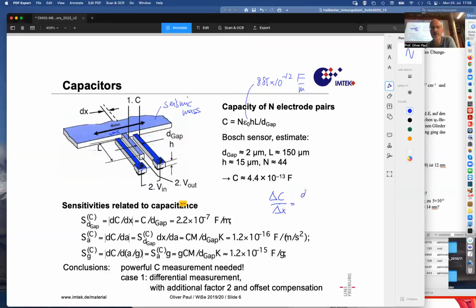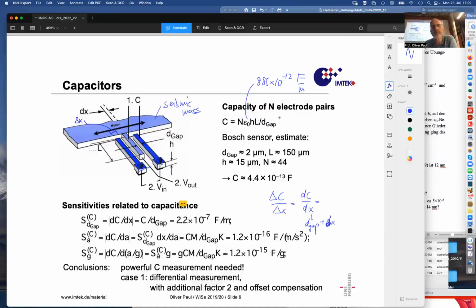But infinitesimally, I will write this as dC over dx. And x here is the gap d plus some delta X by which this mass moves. If it is addressed here and then moves to here, and this is delta X, then if it's infinitesimal, we can just call it dx.